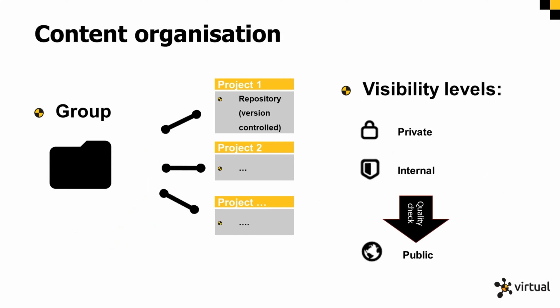Similarly for the content organization, we're also using the features of the GitLab framework in order to reflect our project structure. Any content is organized in projects and groups. Now, a project has nothing to do with the virtual project. It's only a name for this structure of GitLab.